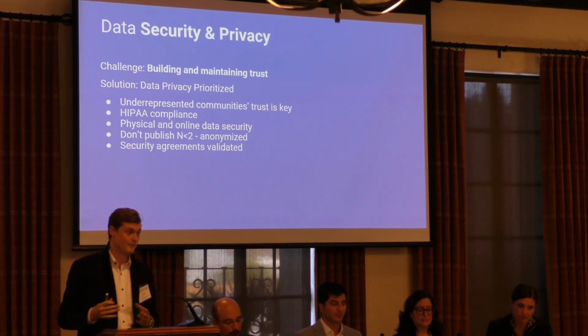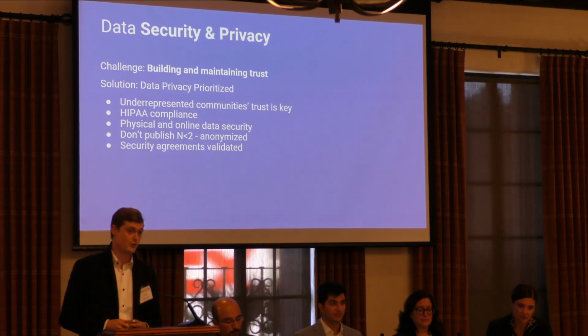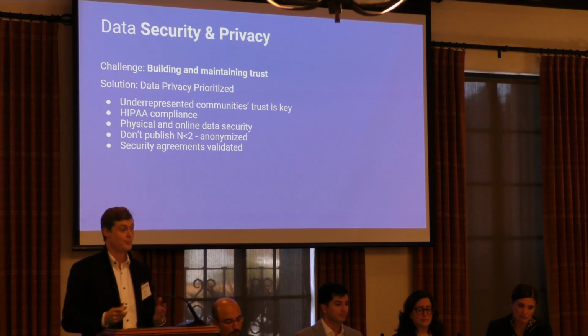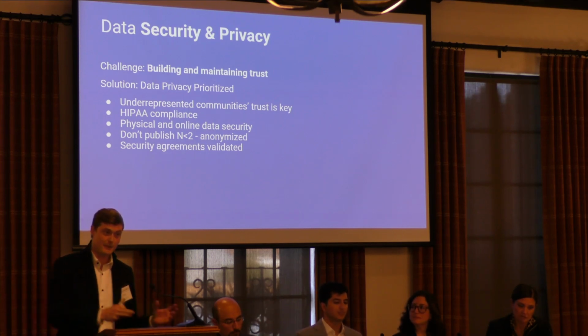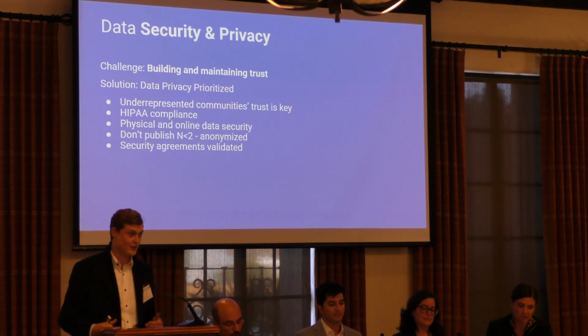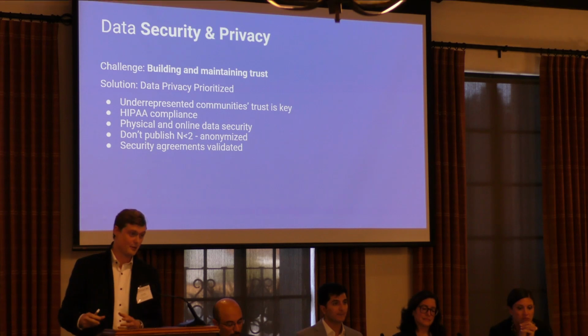Now that's really important, but it takes a lot of time to actually go through and make sure that all the different tools that you're using are HIPAA compliant. It's stuff like, again, putting your hard drive that has your data in a safe, but then you also need it to be backed up. What does that look like? So I'm literally writing a document to make sure that that's documented and approved. It's things like having guidelines around not publishing data that identifies a single person.